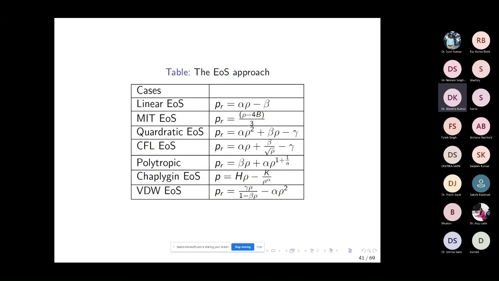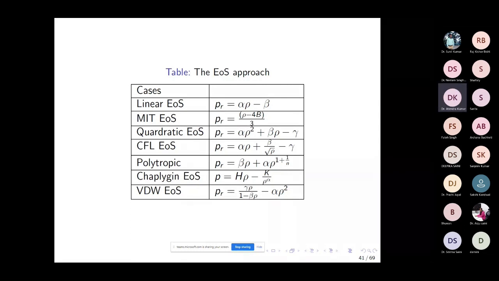And then after that we have the Chaplygin gas equation of state. This one is proposed for treating dark energy and dark matter. Basically, this equation is used to represent dark energy and dark matter as different manifestations of a single entity, which leads to the Chaplygin gas model.